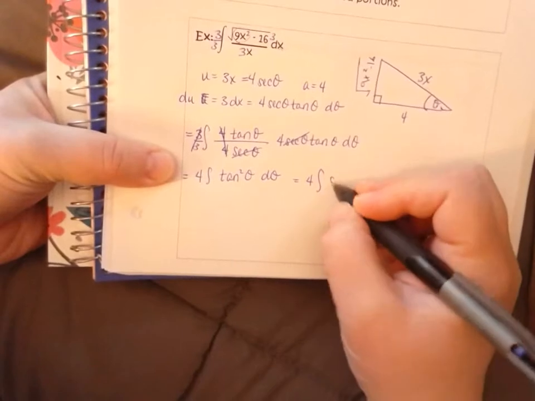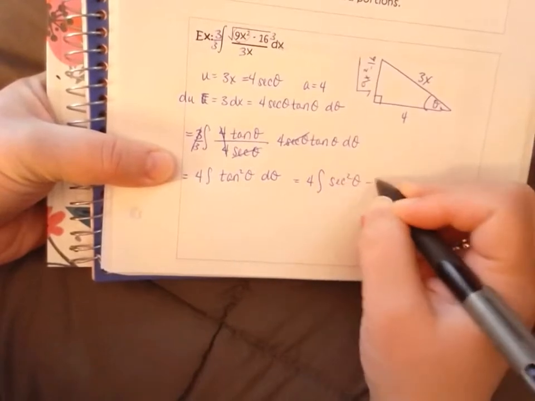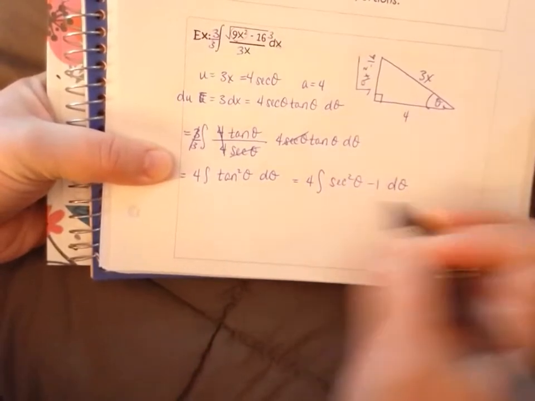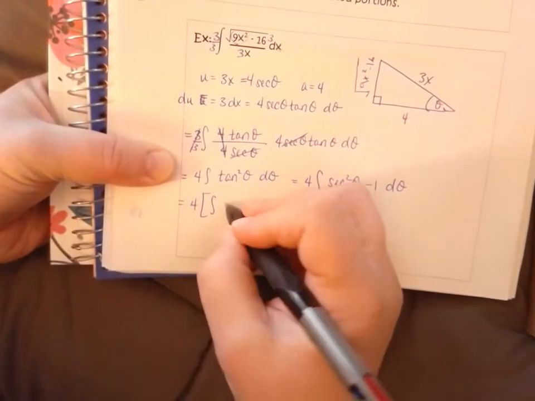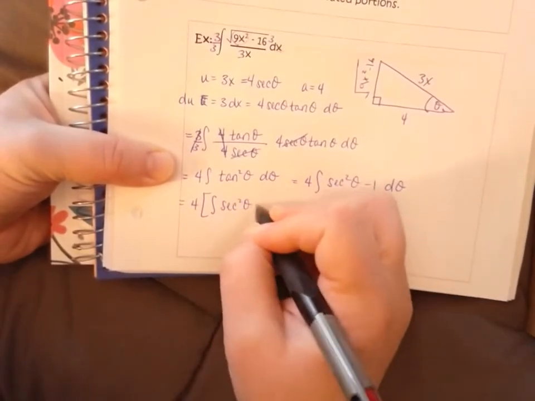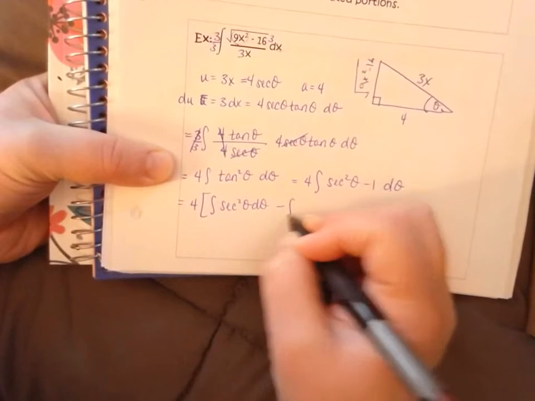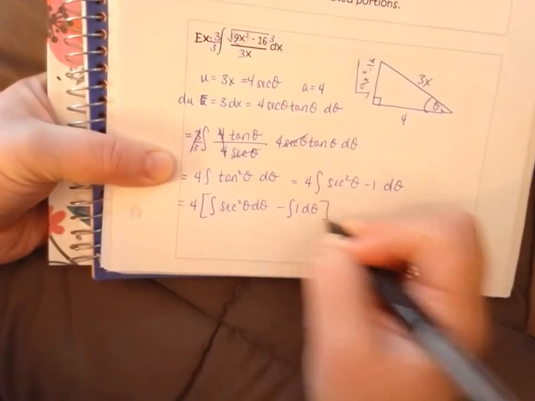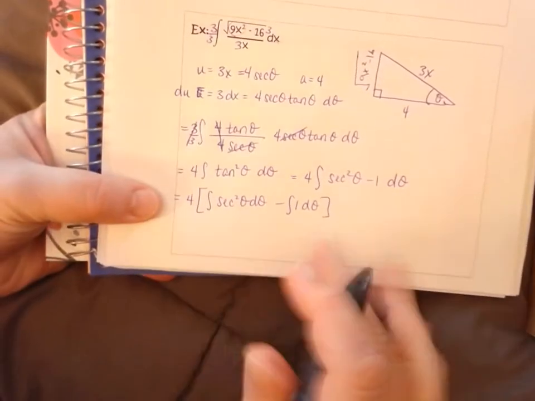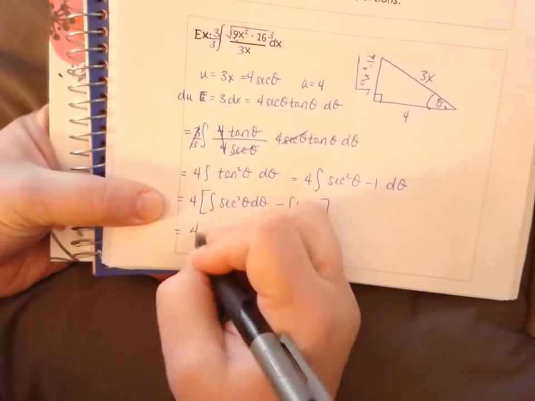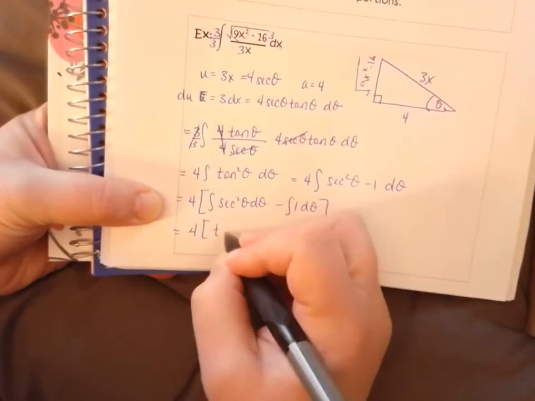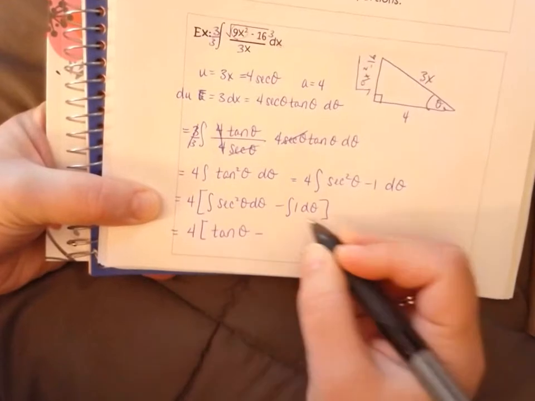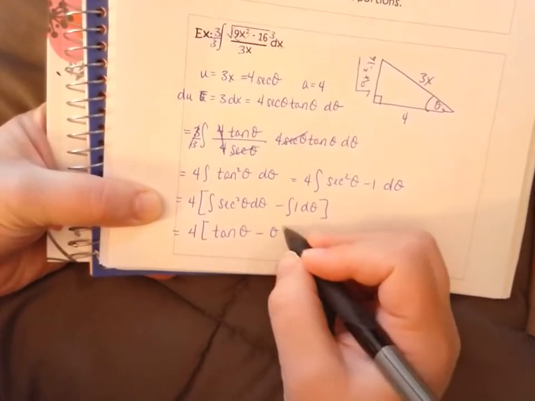So tan squared is equal to secant squared theta minus 1. And hopefully you can see the two separate integrals here, secant squared theta d theta minus 1 d theta, as being actually quite simple. The integral of secant squared is tan, and the integral of 1 d theta.